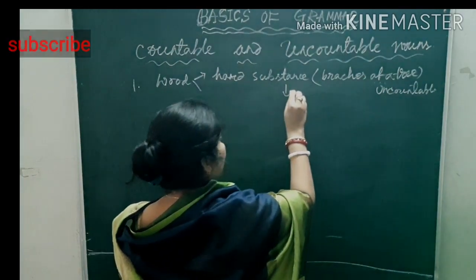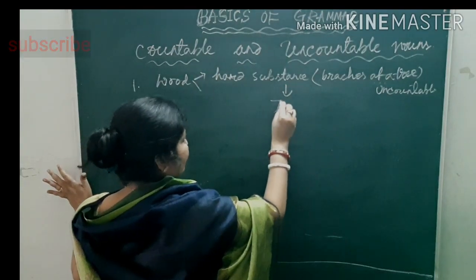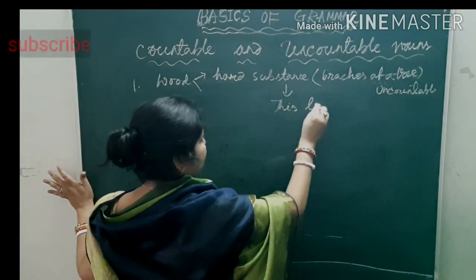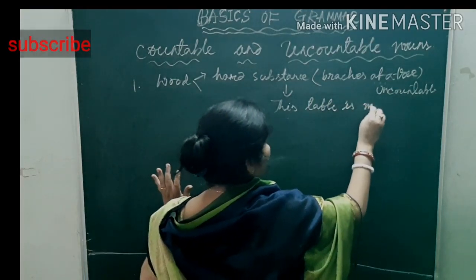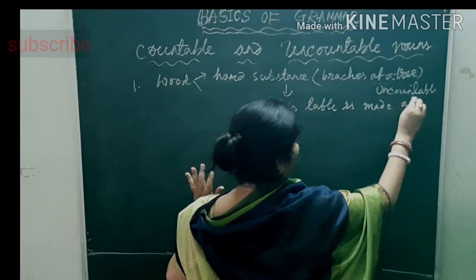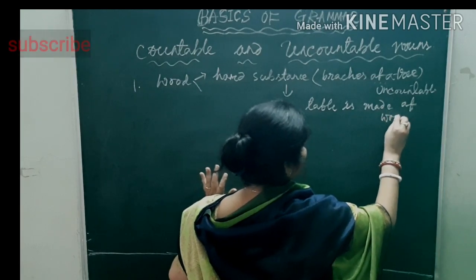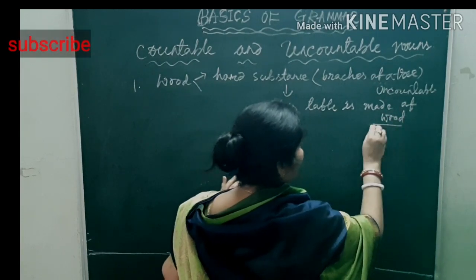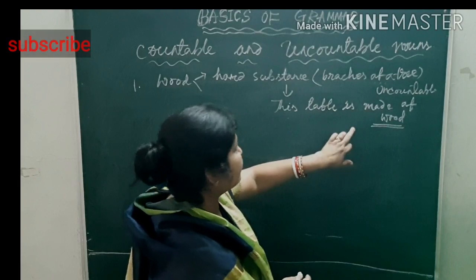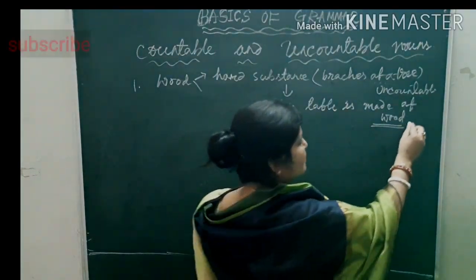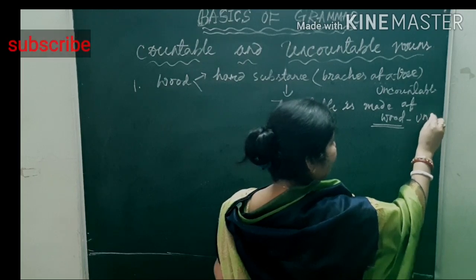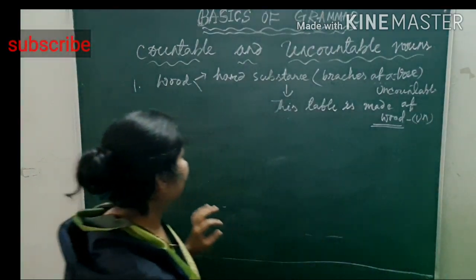For example, this table is made of wood. Here wood means the branches of a tree, so it is an uncountable noun.